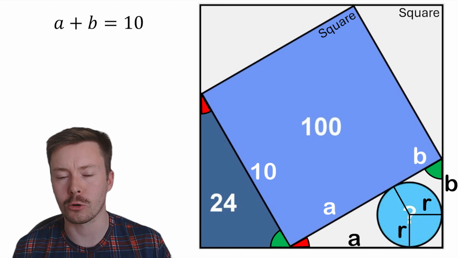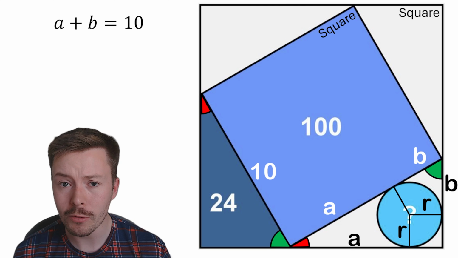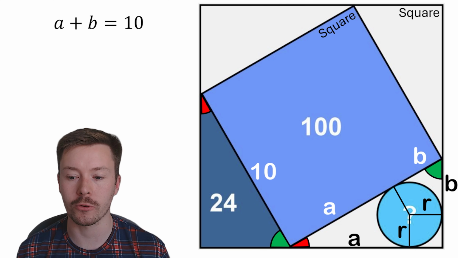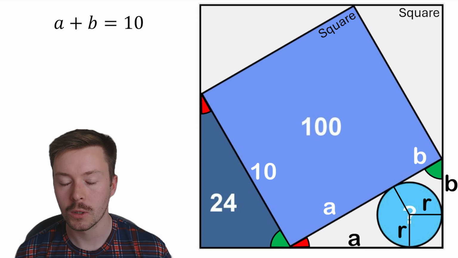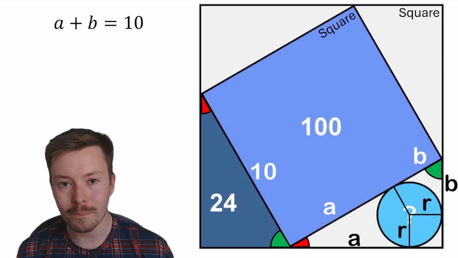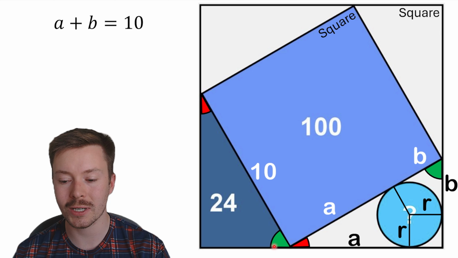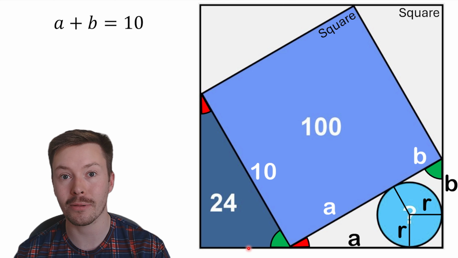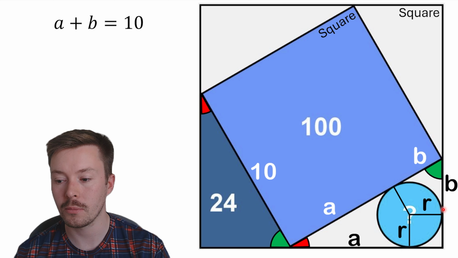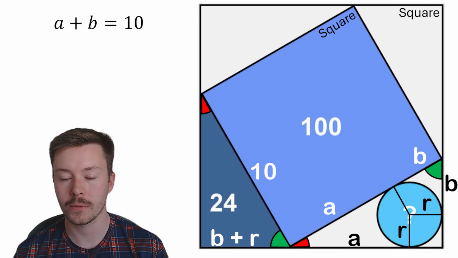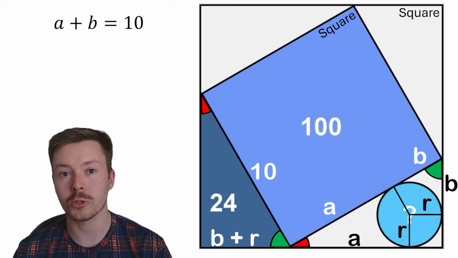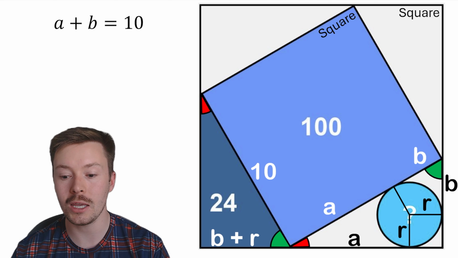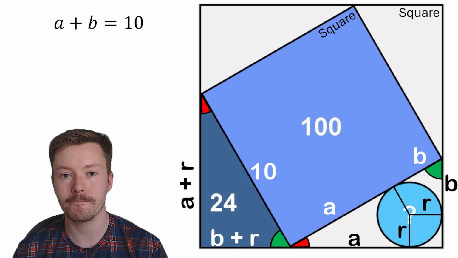Congruent's the mathematically correct one, but they are the same triangle, just different orientations. Now, that means the lengths are the same as well. This shortest side of the triangle has to be the same, and so this length has to be B plus R. And by the same token, the longer side that isn't the hypotenuse has to be the same. So that's going to be A plus R.